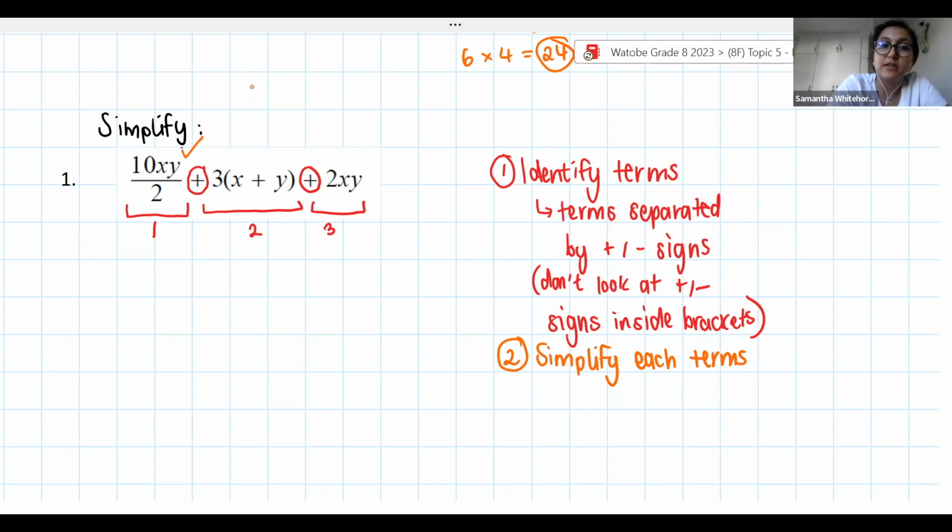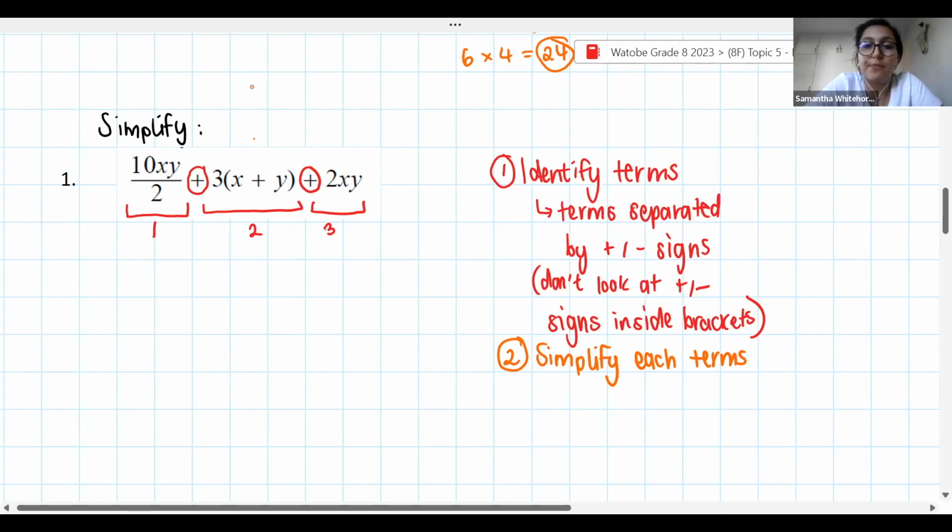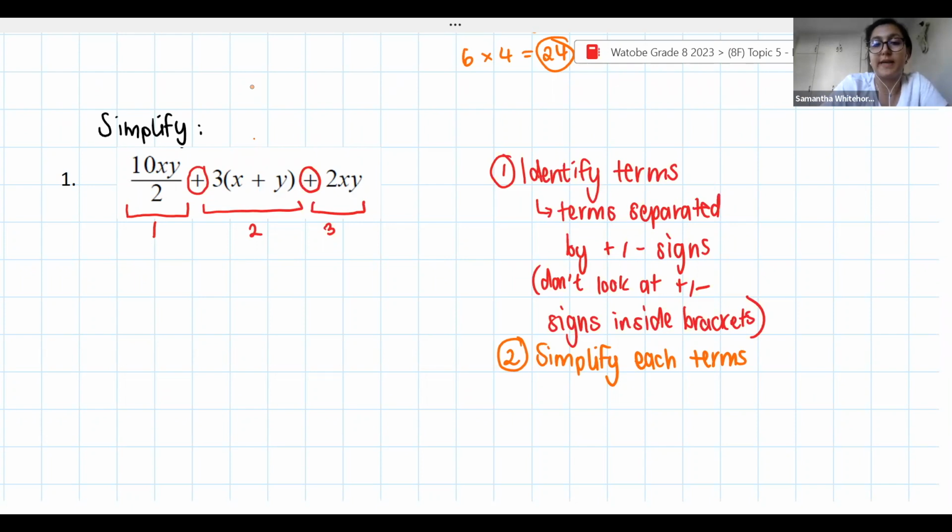We can divide the 10xy by 2, and we can further simplify it. We can also simplify the second term because we can distribute the 3 into the bracket, which is what I will need to do. But I can't simplify the third term because it's just 2xy. There's no division or multiplication that needs to happen, so I leave it.